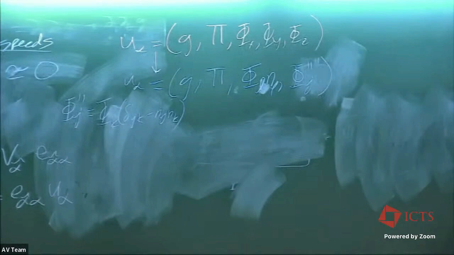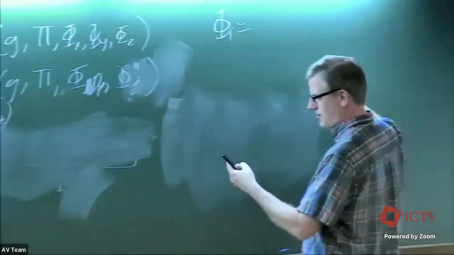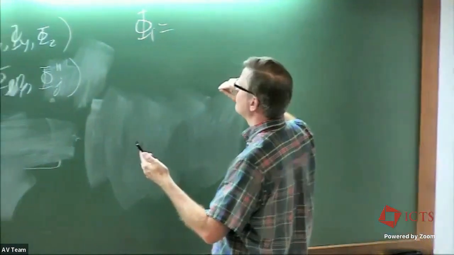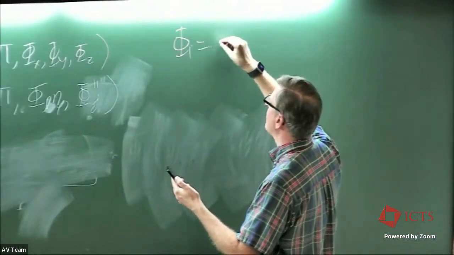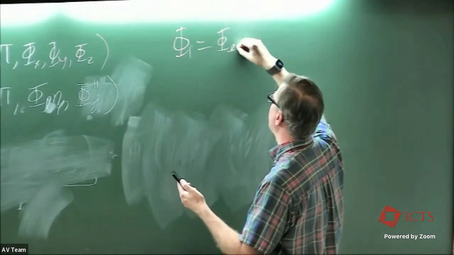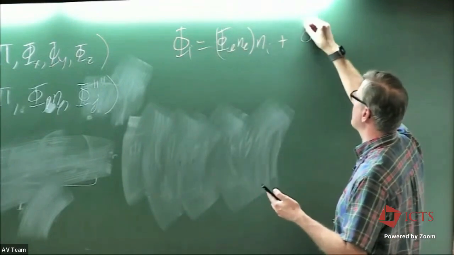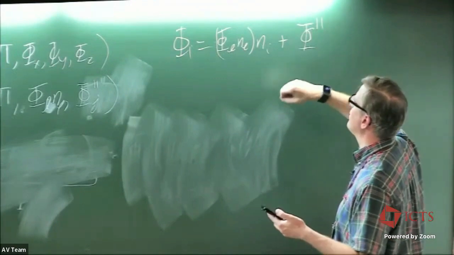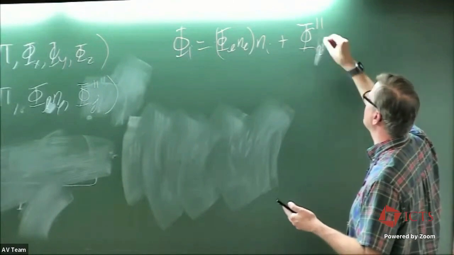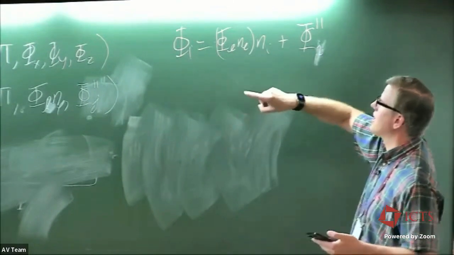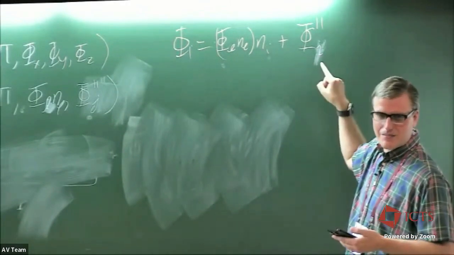So in particular, you can always write phi I as equal to the normal part, which is phi L n L times the normal vector, plus the parallel part, phi parallel I. So everywhere you have a phi I in the other equation, you expand it into its normal part plus its tangent part.